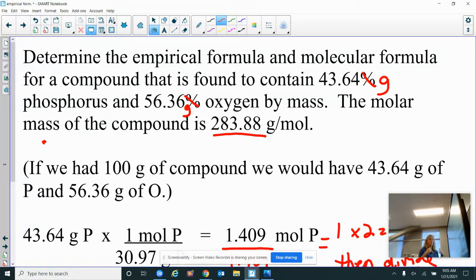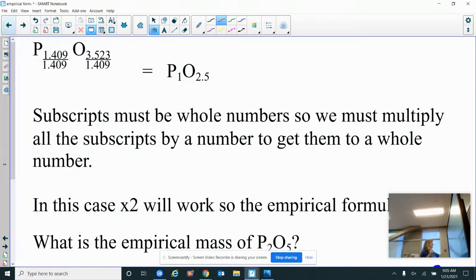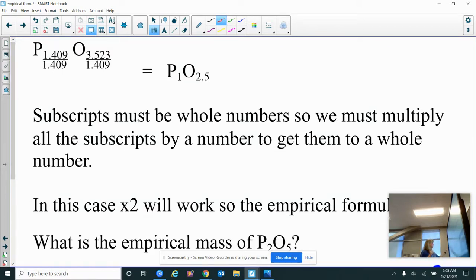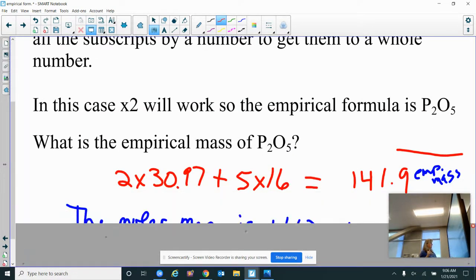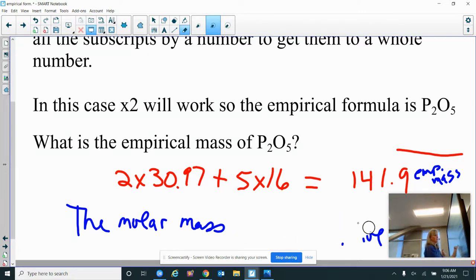So if the empirical mass is not the same as the molar mass, then that means I don't have the formula of the compound yet, which is called the molecular formula. I only have the empirical formula. So my last thing to do then is to divide by the empirical mass.